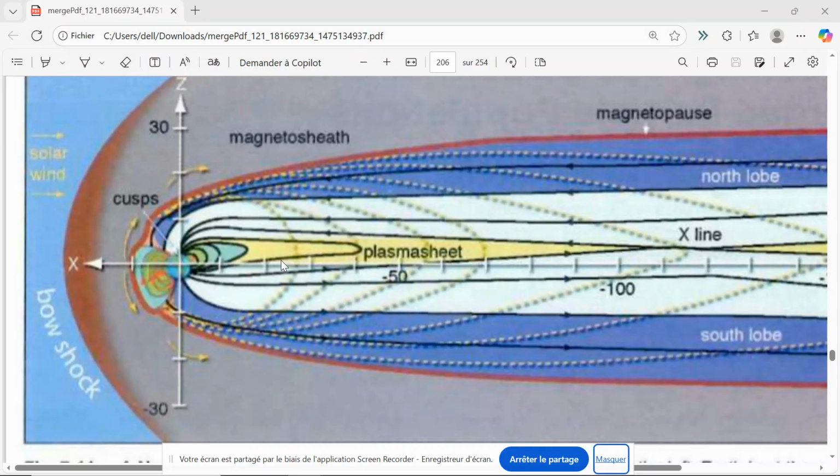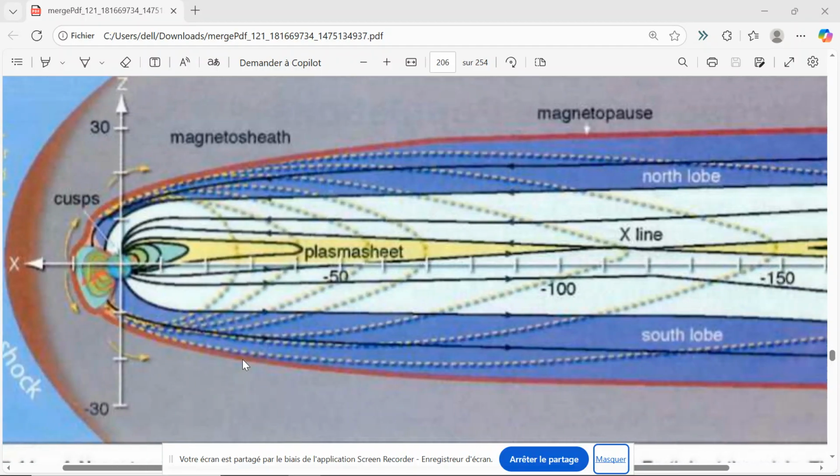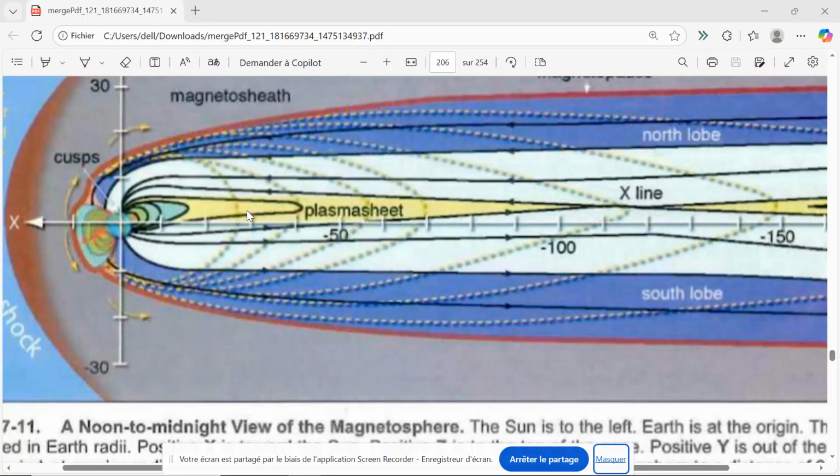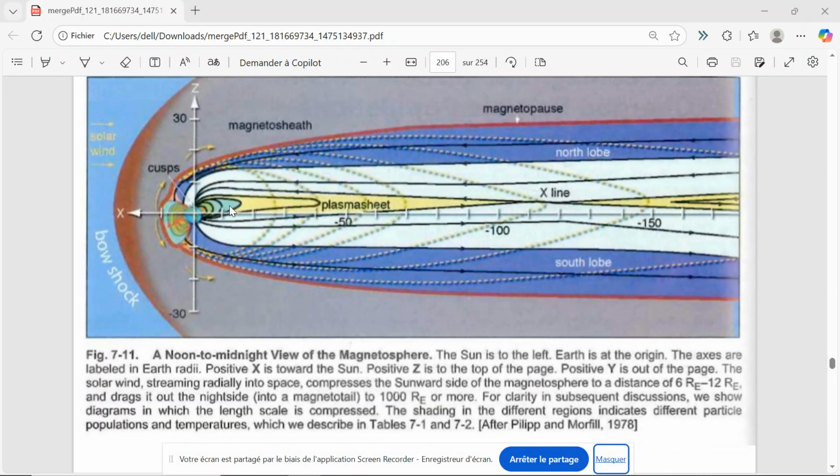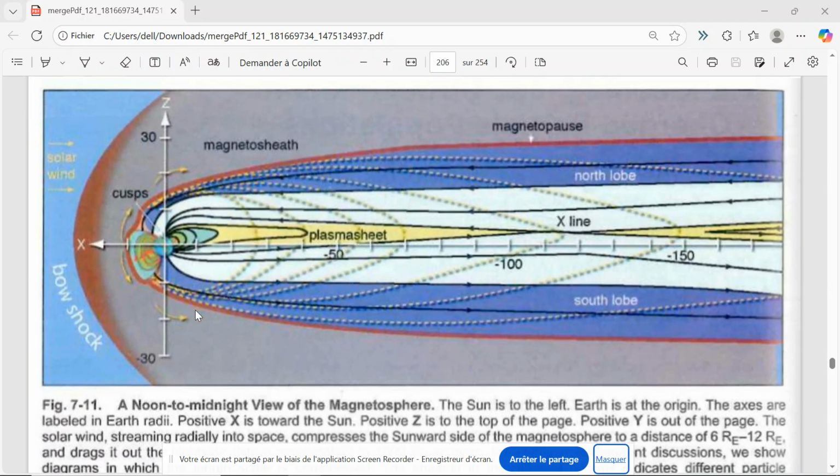So the magnetosheath is characterized by the deceleration of the incoming solar particles.